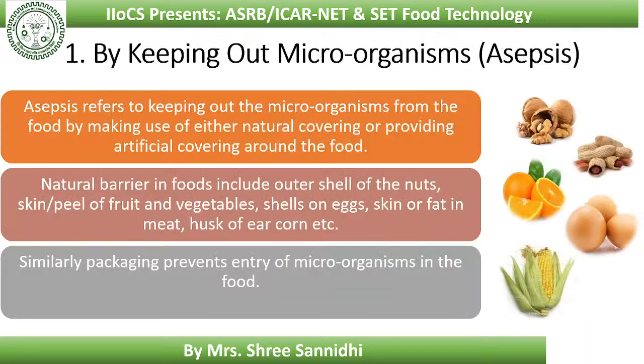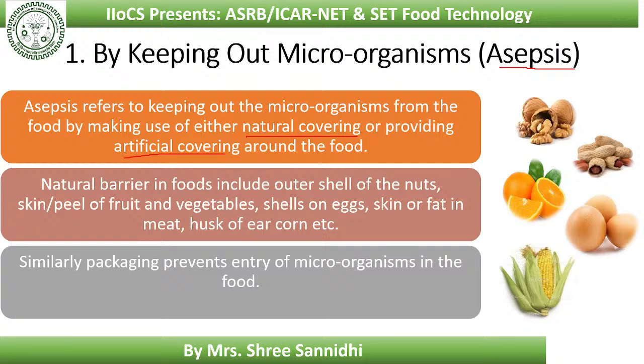So let us see the first one. First one is by keeping out the microorganisms, and this process of keeping out the microorganisms is called asepsis. So let us see what is asepsis. Asepsis refers to keeping out the microorganisms from the food by making use of either the natural covering or providing artificial covering around the food.